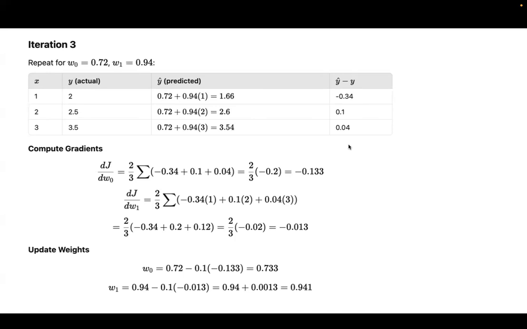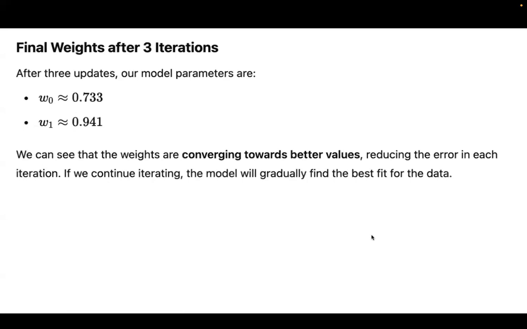So what does it mean? The new predicted values get close to the actual values. See, 1.66, 2.6, 3.54, with the third iteration. So these are the updated weights again. We keep on doing it until our predicted values are as close to the real values as possible.